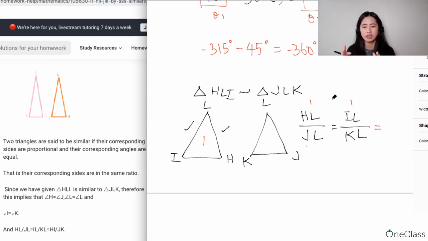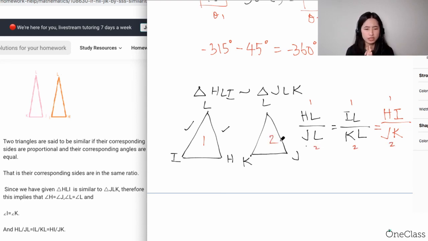That's how you write your proportionality ratio. If you have HL to begin with, you have IL over here. Your numerator needs to be coming from your triangle 1. Does that make sense? And then, because you're saying it's HI, you need to read this as JK over here. All of your denominators, from this point to this point, are coming from triangle 2.